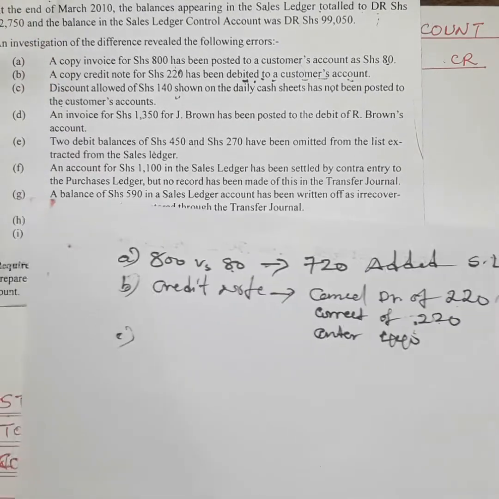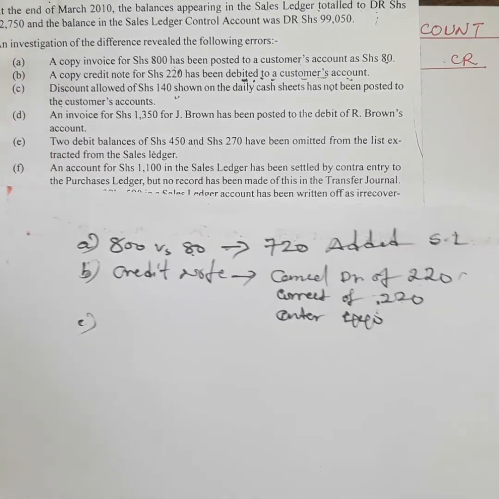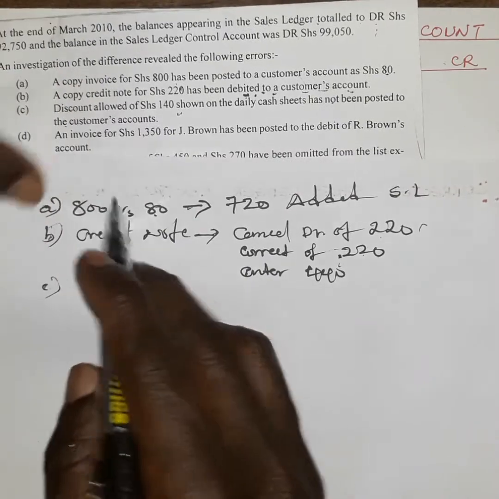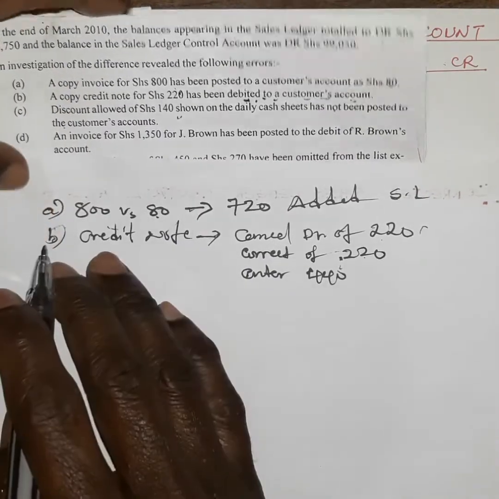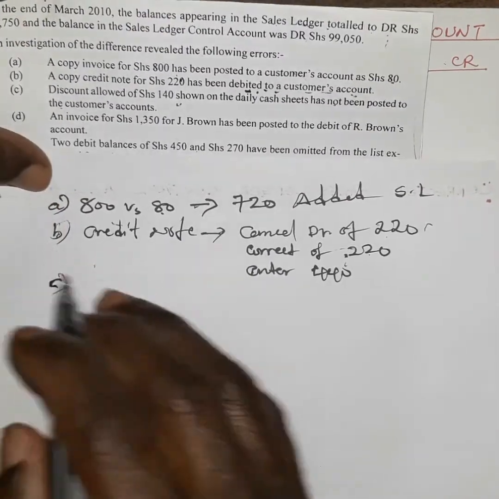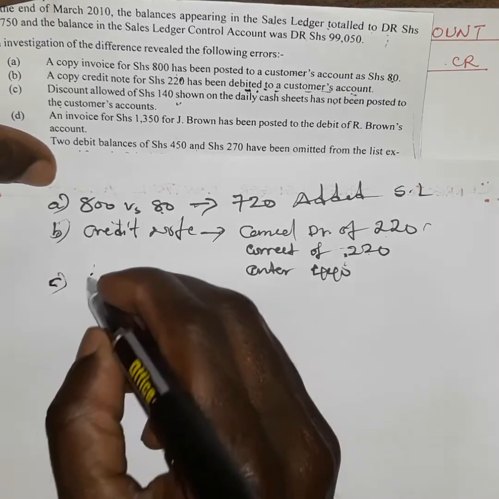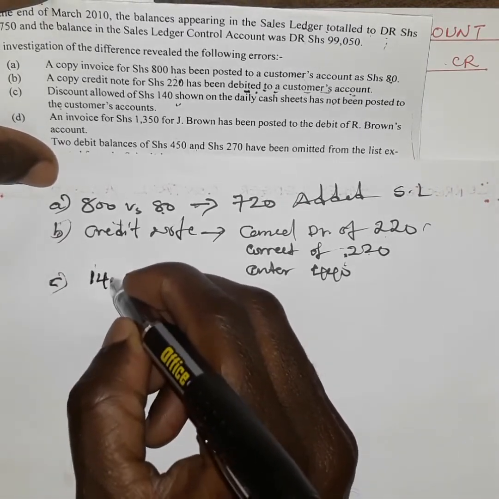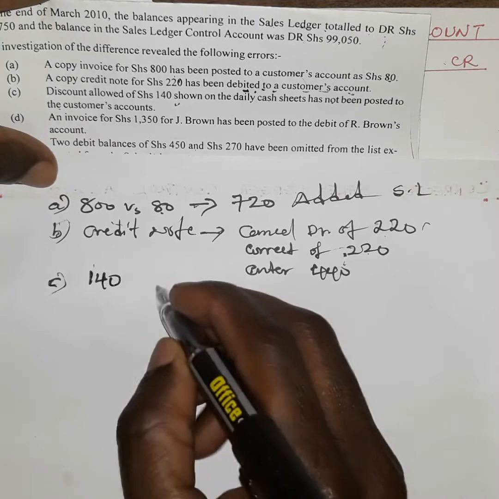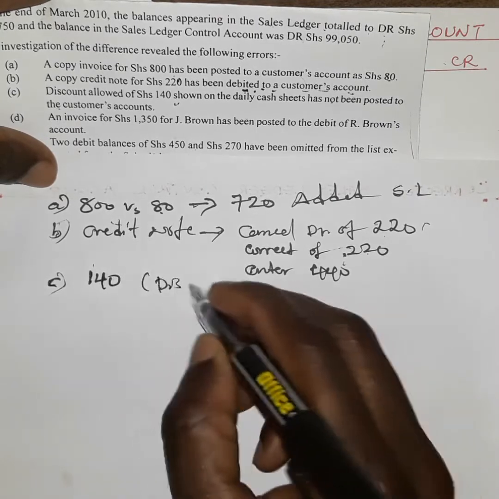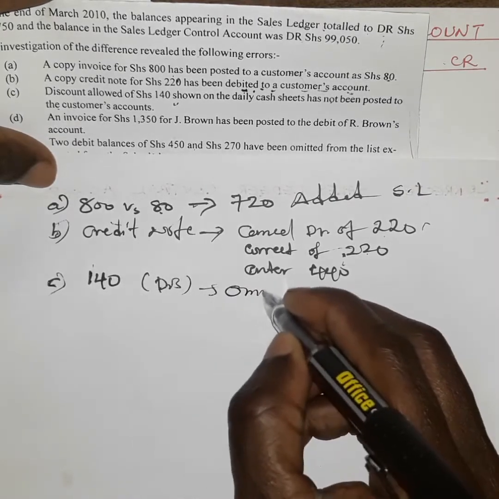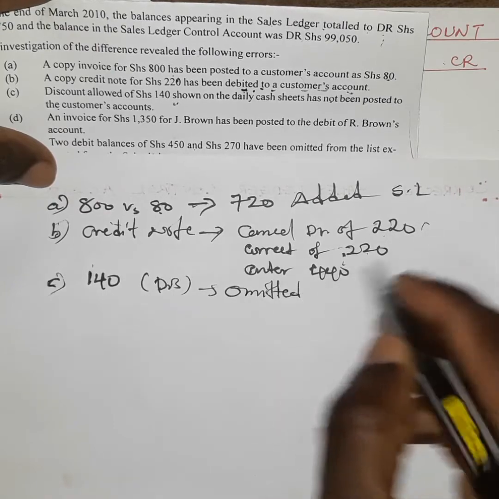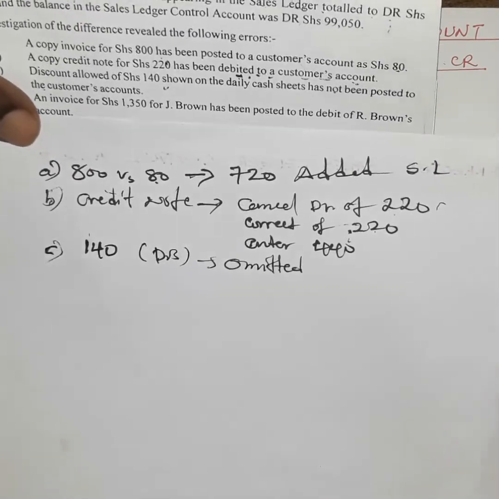It's supposed to be reducing what is on the debit side. And for that matter, C is our amount of 140 shillings, which is a discount that is omitted. So we are going to include it by subtracting it from the total.